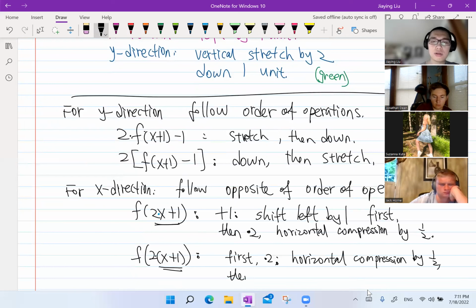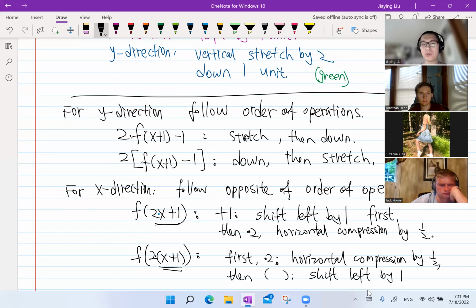And then we're going to look into the parentheses, see what happened inside the parentheses, which says we're going to shift left by 1. That could be really confusing if you're not familiar with this type of example, but I just want to point this out. This is something we should pay attention to when we look at transformations.